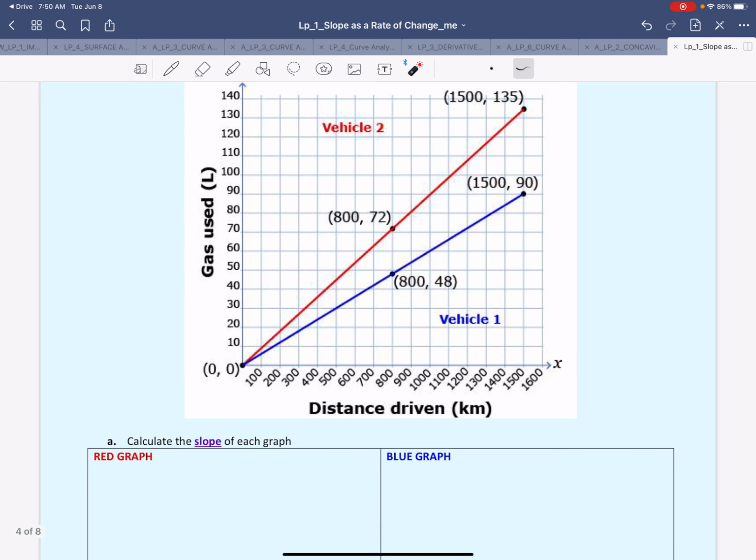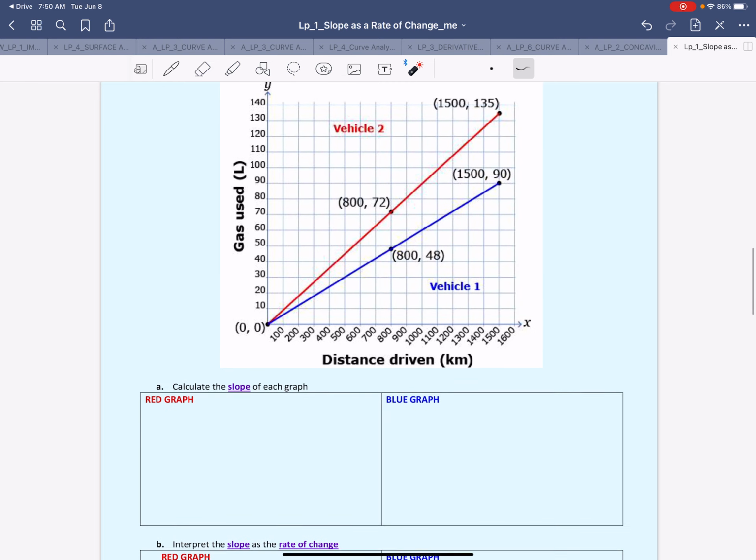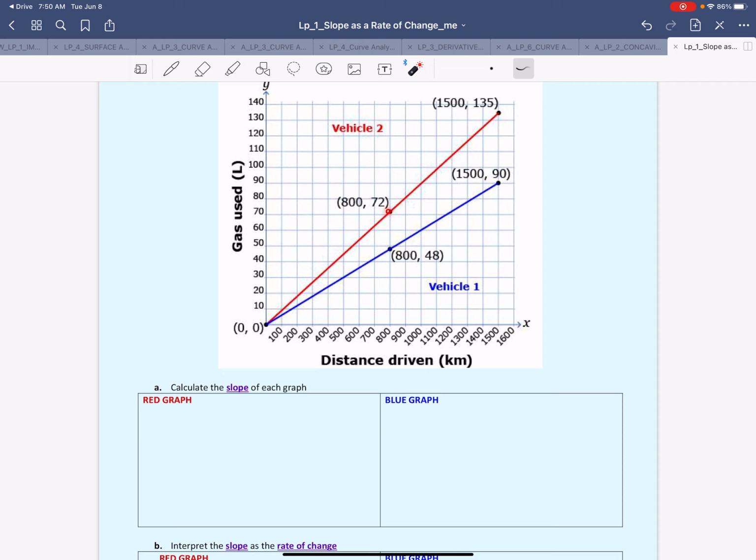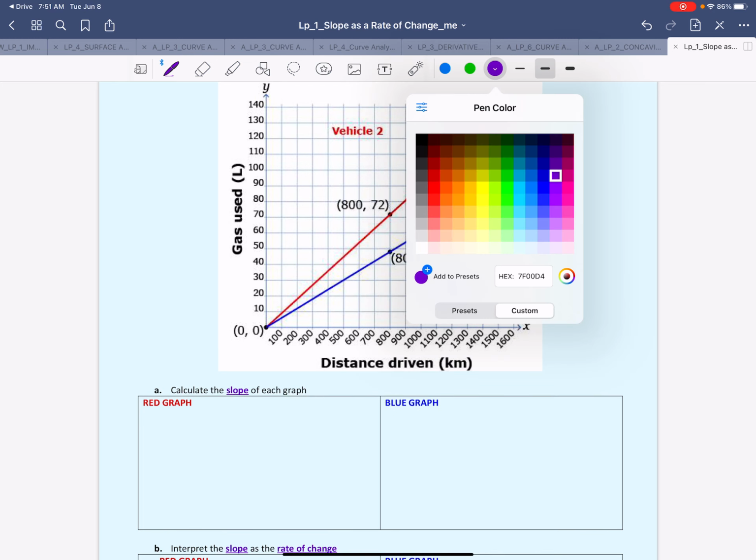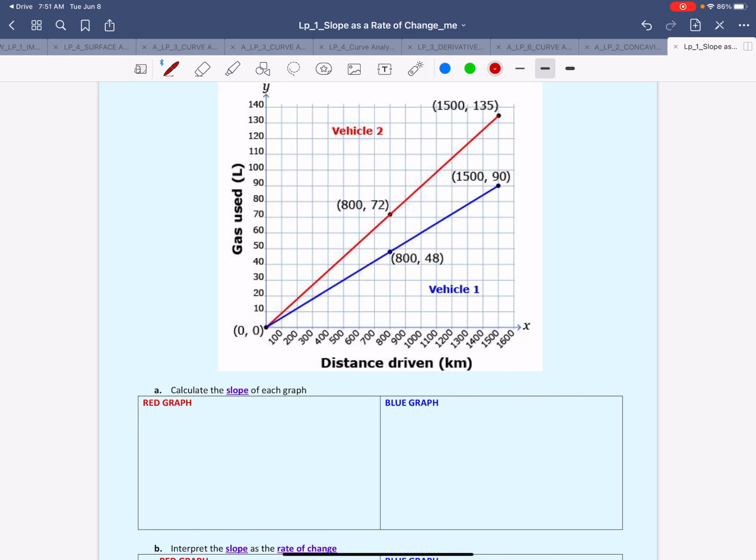So we have to calculate the slope of each graph. And for this, I have highlighted 2 points for each graph. And this is the way I like to show my work. Now I'm going to start with the red graph, and I will mark the points as x1, y1, and x2, y2.